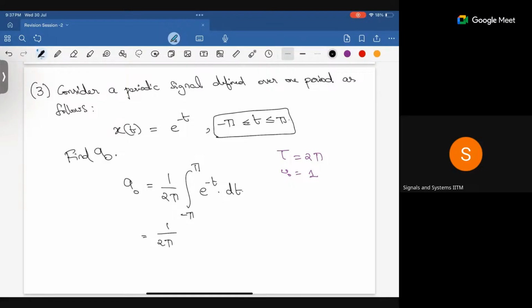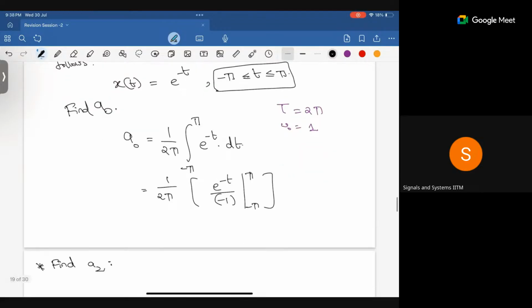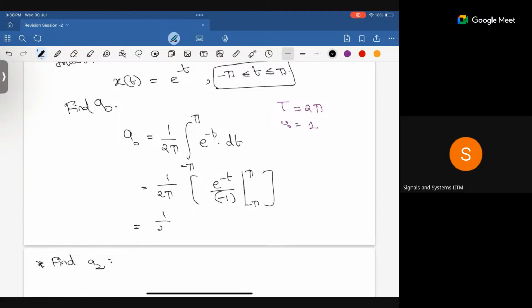And this is 1 by 2 pi e power minus t, we know, divided by minus 1. And the limits are pi and minus pi. Okay, so this will be 1 by 2 pi, e power minus pi divided by minus 1 minus e power minus of minus pi divided by minus 1. So if you simplify this, we'll get 1 by 2 pi into e power pi minus e power minus pi.